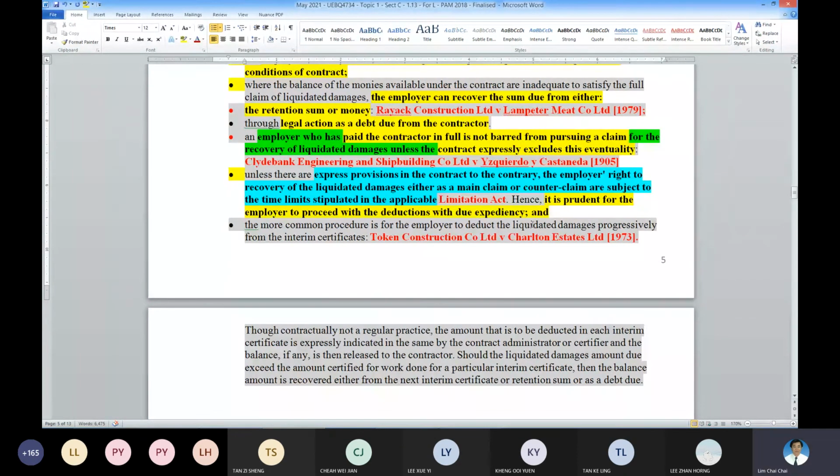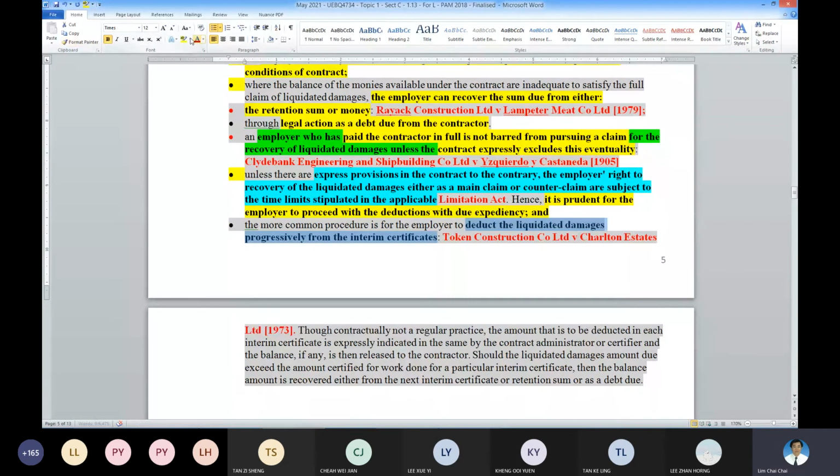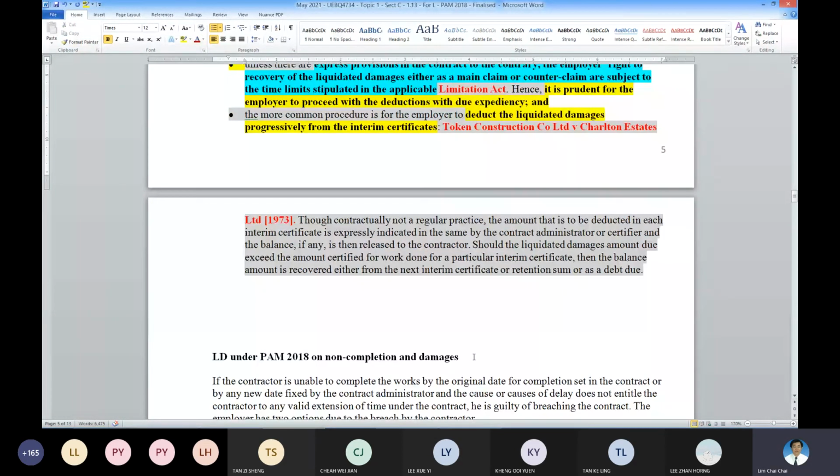It's up to the employer to deduct in one lump sum or deduct the money progressively from the interim certificate. It's up to the employer. So this is what we have covered. We stop here on the general principle.